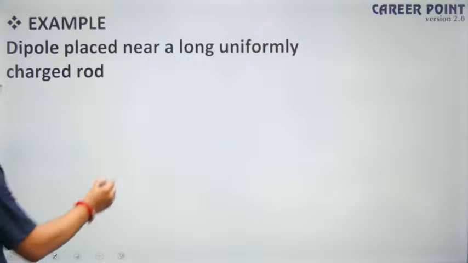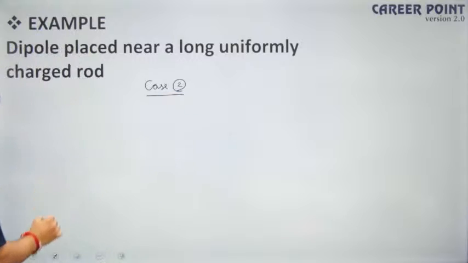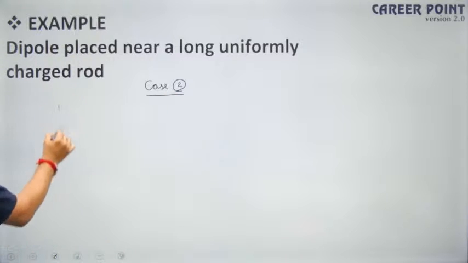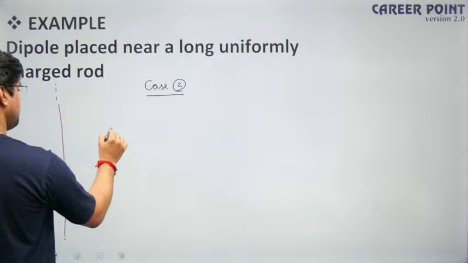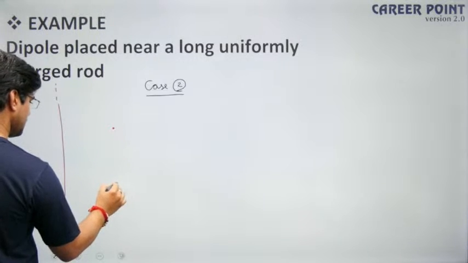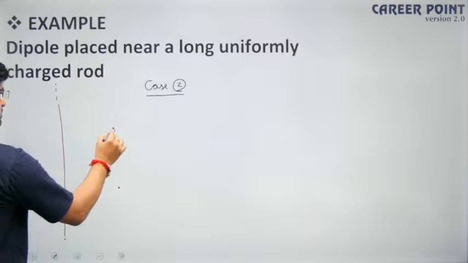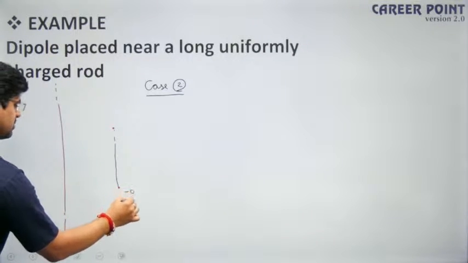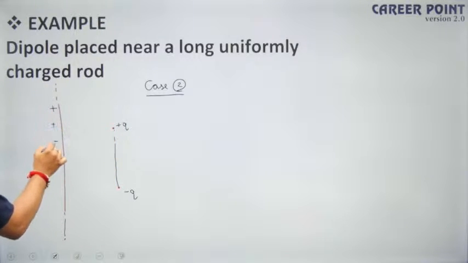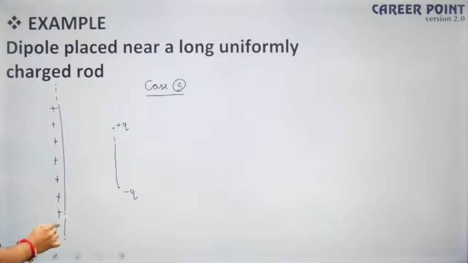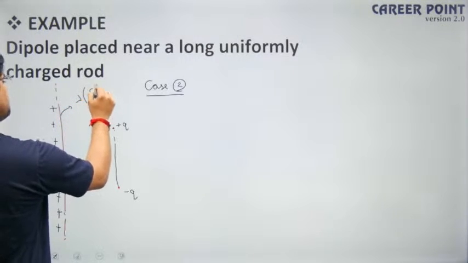What is case 2? Case 2 is if we have placed another orientation, when we have placed the dipole like this, this is minus Q, this is plus Q, and this is positive charge everywhere. Charge per unit length is given by lambda coulomb per meter.